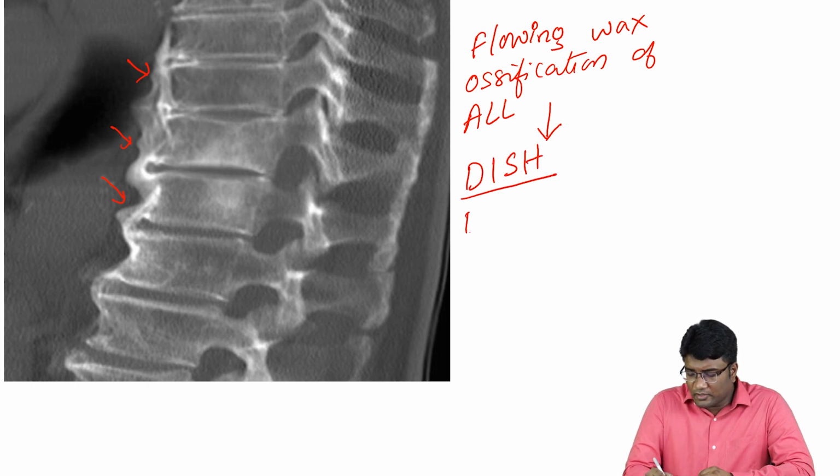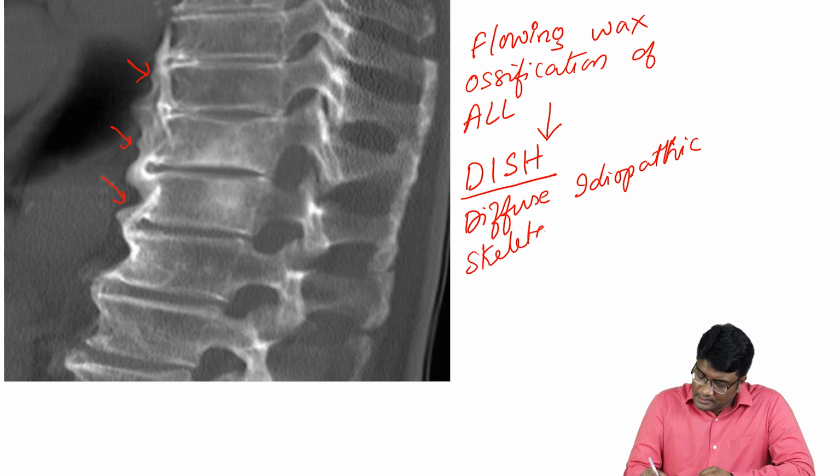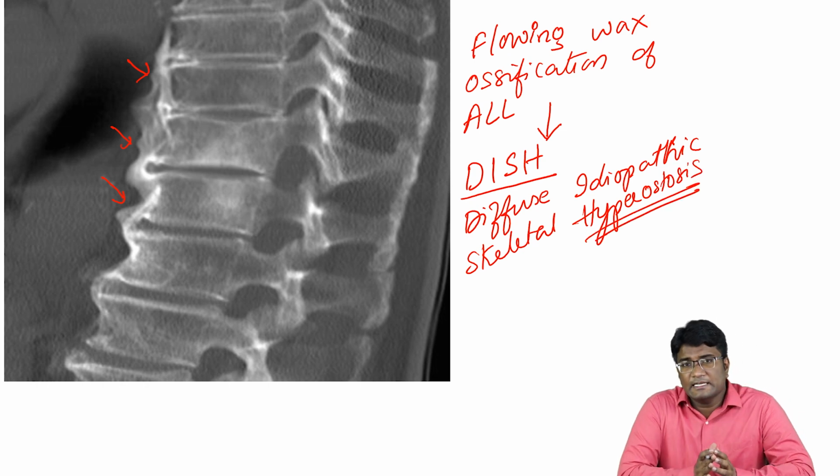What does DISH stand for? As the name says, it is diffuse idiopathic skeletal hyperostosis. So hyperostosis is seen in DISH, not in ankylosing spondylitis.